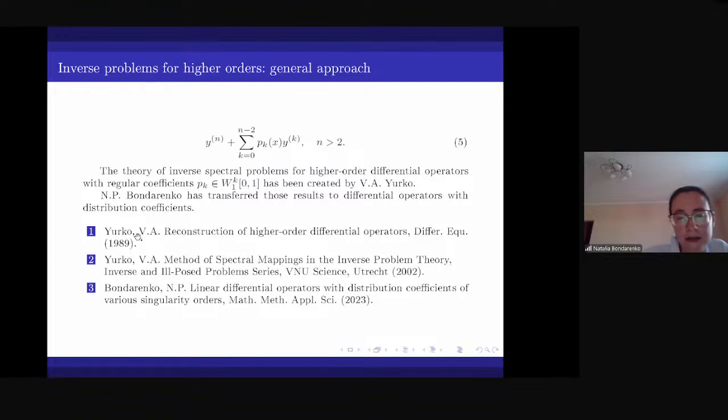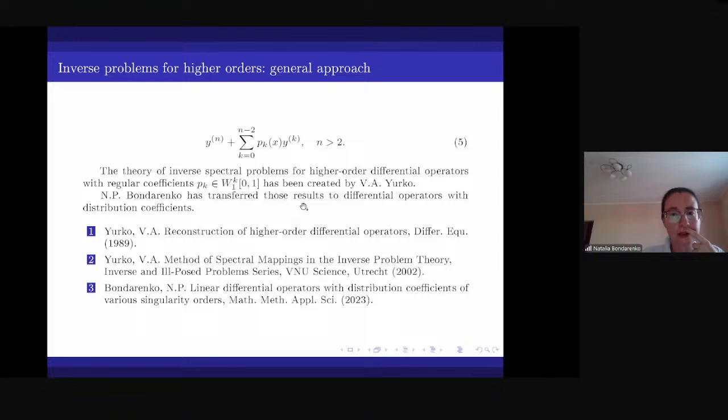Here I provide references. This is one of the first papers of Yurko in this direction, of 1989, and this is his book, where you can find the most complete results for higher order differential operators on a finite interval and on the half line.